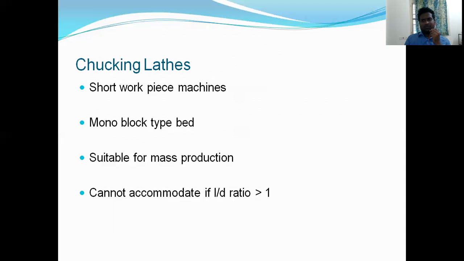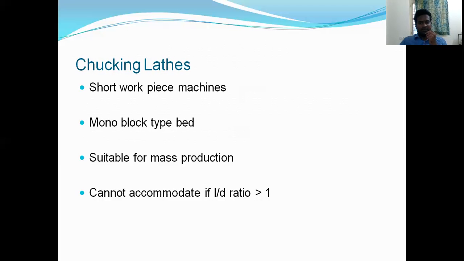So that's why it is not suitable for lengthy jobs. Suppose the length is 600 mm and the diameter is 300 mm.